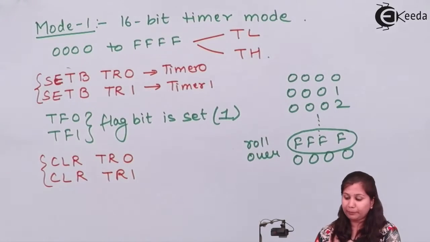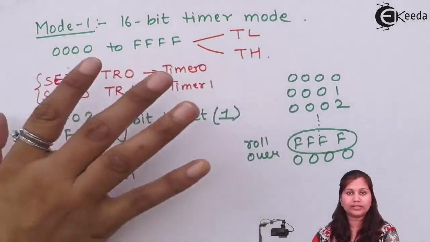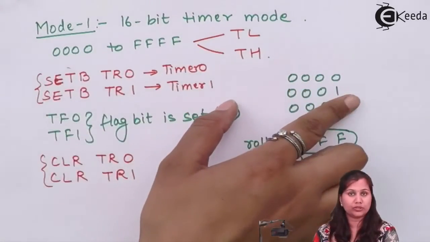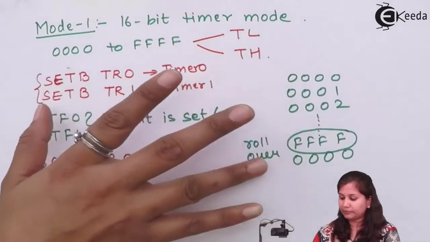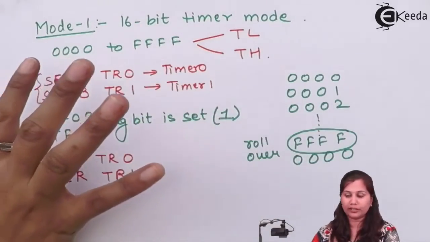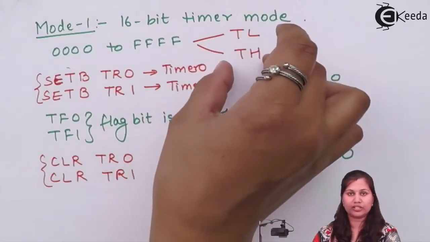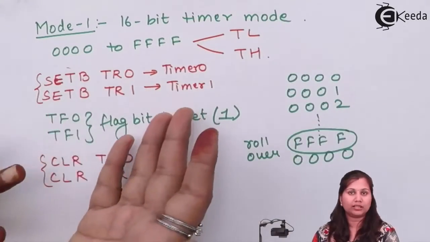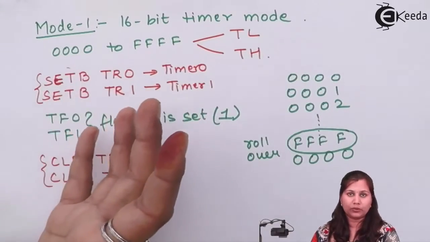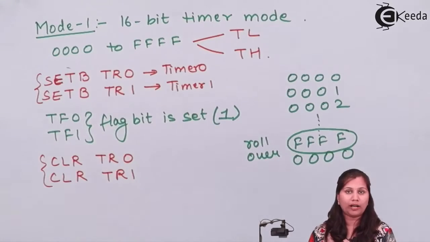Now, if we want to repeat this process, that if we want the counter to start counting again from 0000, means avoiding this overflow condition, again we have to reload the 16-bit count into the two registers, and again we have to start the timers. Okay, so this was mode 1, which is the 16-bit timer mode.